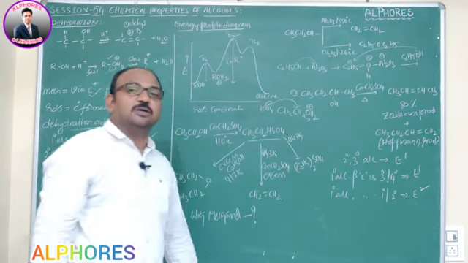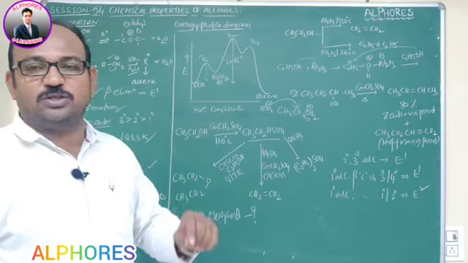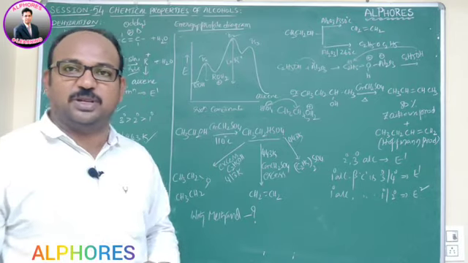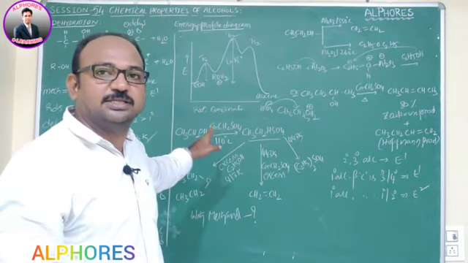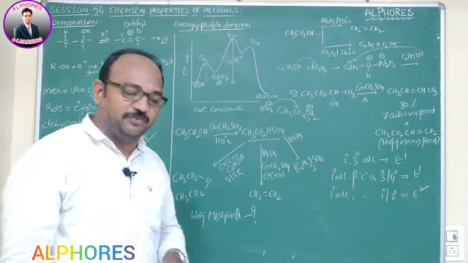Finally, we are getting the product C2H5HSO4. This is what we call ethyl hydrogen sulfate. Ethyl hydrogen sulfate formation takes place at what temperature? 110 degrees Celsius.